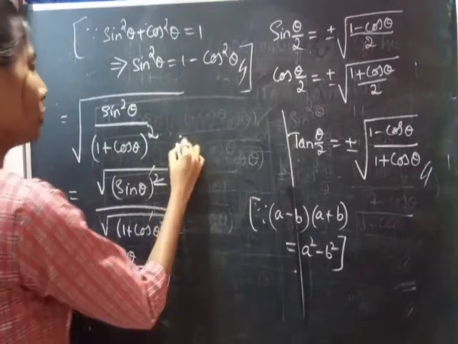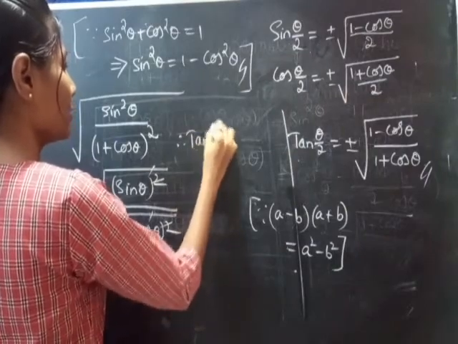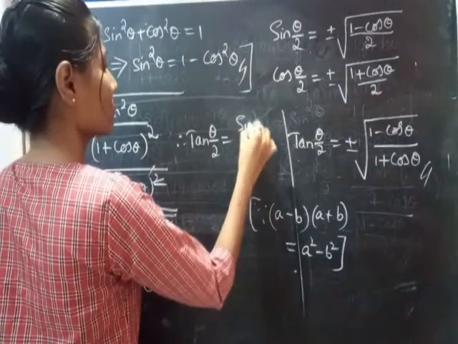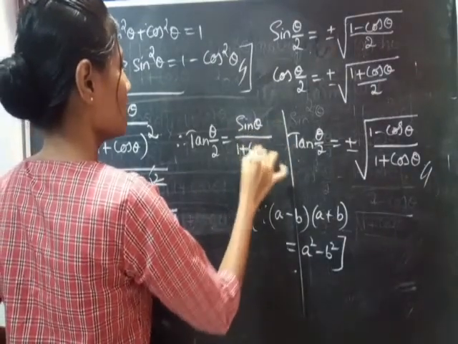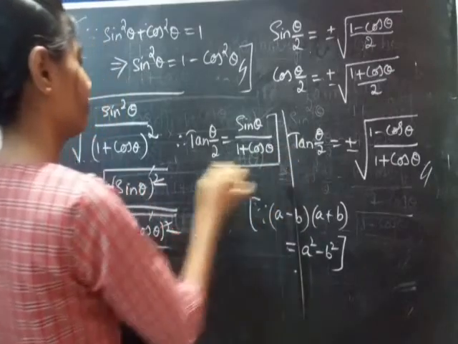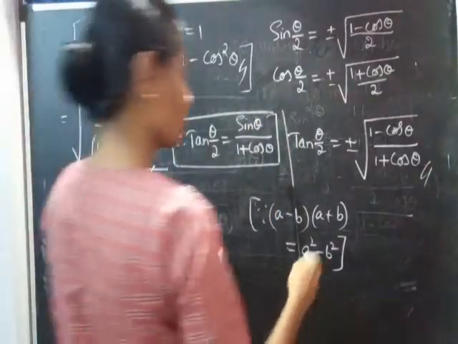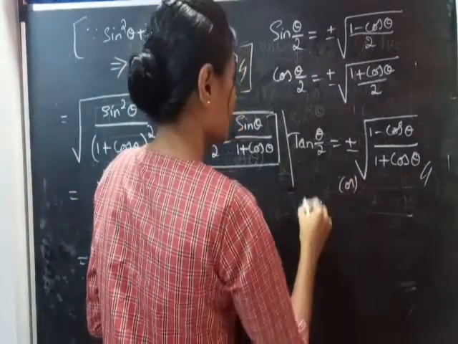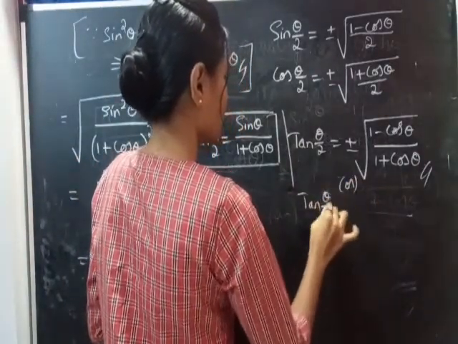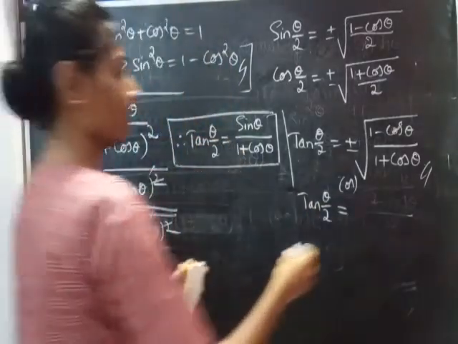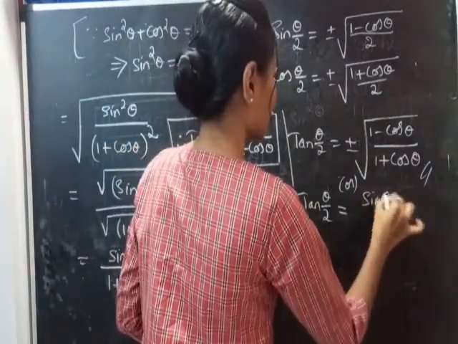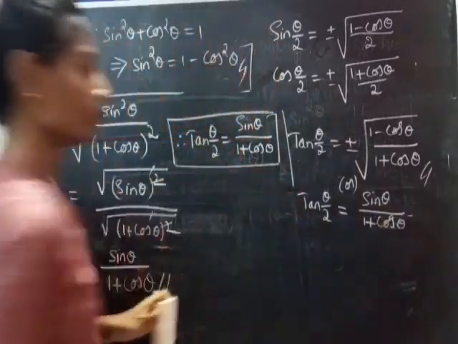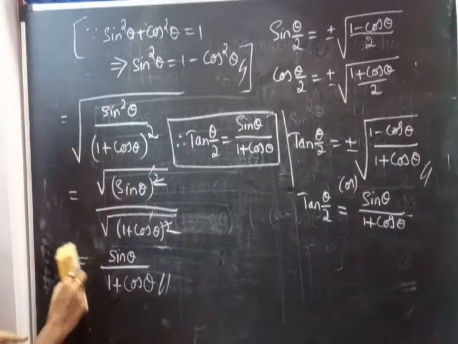So therefore tan theta by 2 is equal to sin theta by 1 plus cos theta. Next.